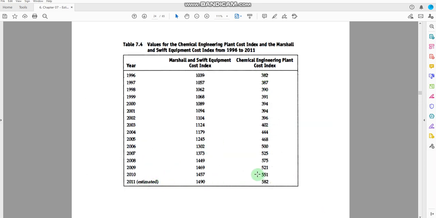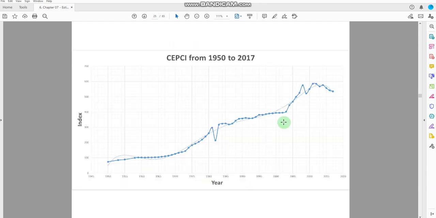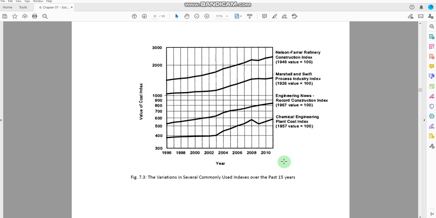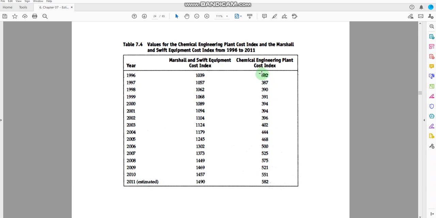For 2011 it is 582, and for 1996 it is 382. So you can get this value from this table.